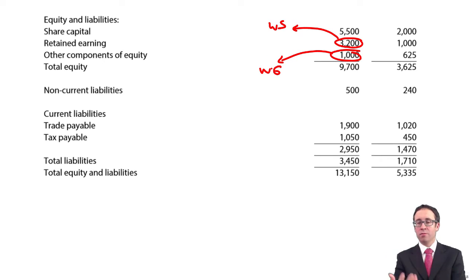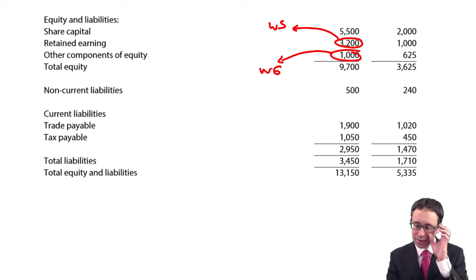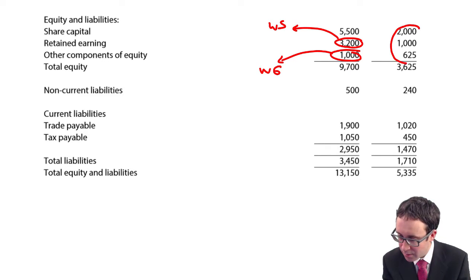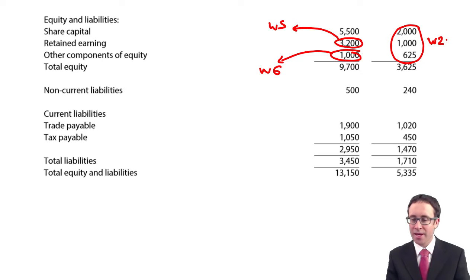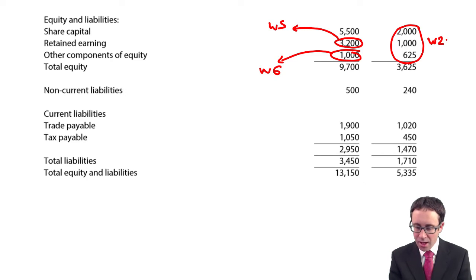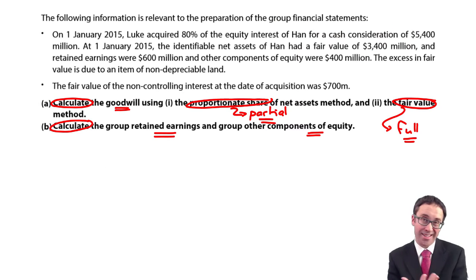The 100% of the other components of equity will go into working 6. If you're looking at the net assets, well, you've got them there, haven't we? The net assets of the subsidiary at the reporting date. Okay. Assuming that Luke is the parent and Han is the subsidiary. Let's just double check. Is that the case?